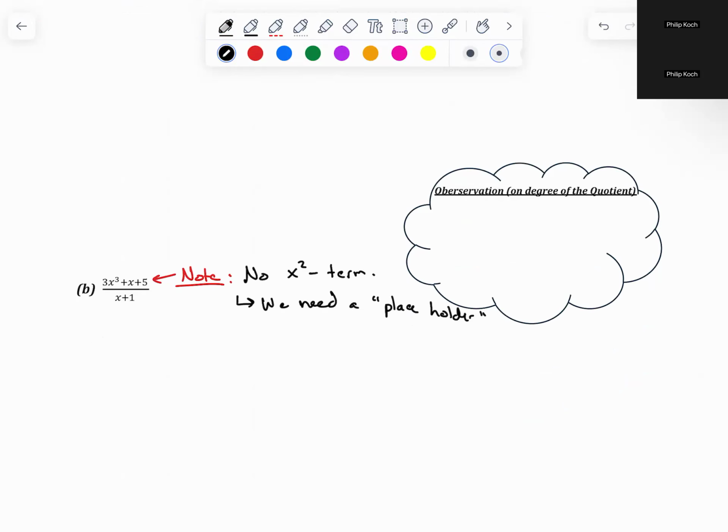So what I mean by that is we're going to set up the long division. So x plus 1 divided into 3x cubed, then I'm going to put a plus 0x squared plus x plus 5.